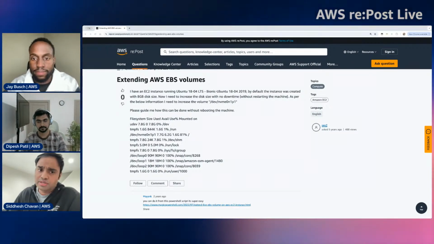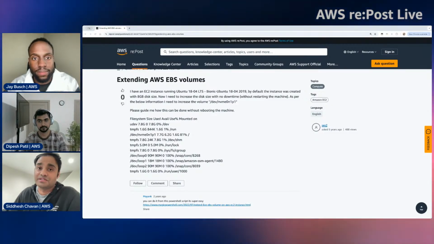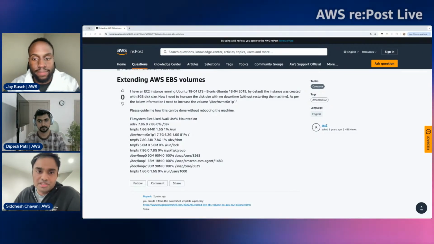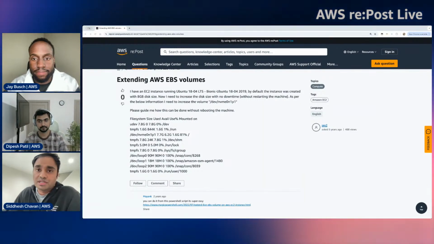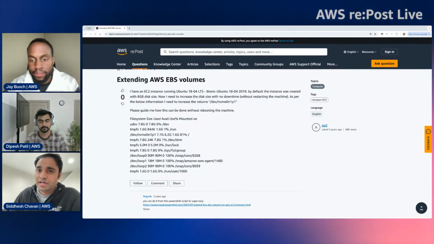Also, extending EBS volumes proactively addresses several technical considerations. It prevents performance degradation, and it makes sure you have enough system space for running your operating system and your applications without any downtime. These applications include databases, log retention, log rotation, and many other things.